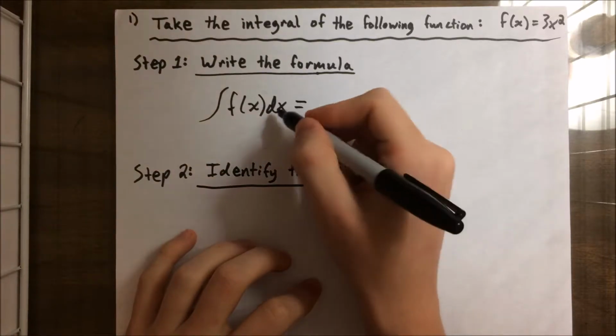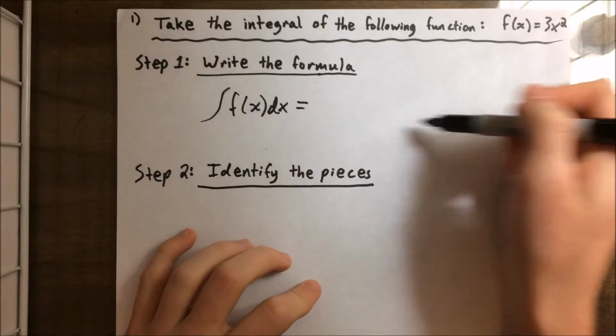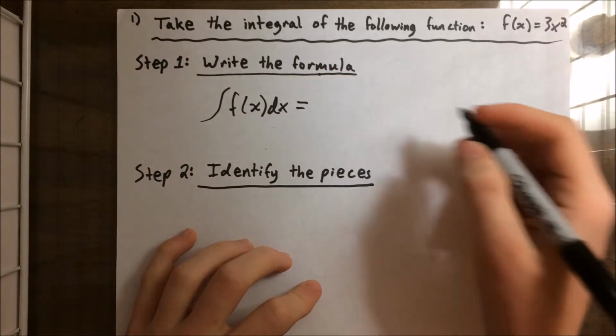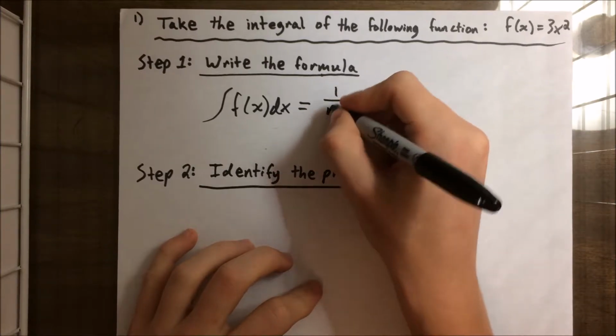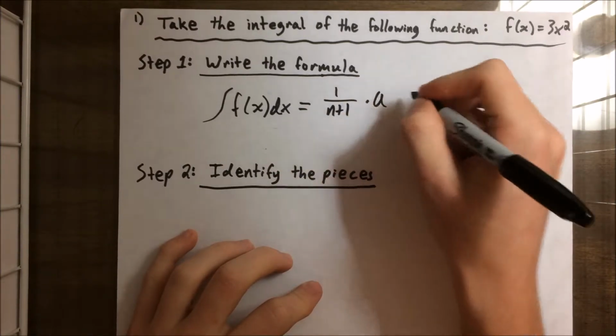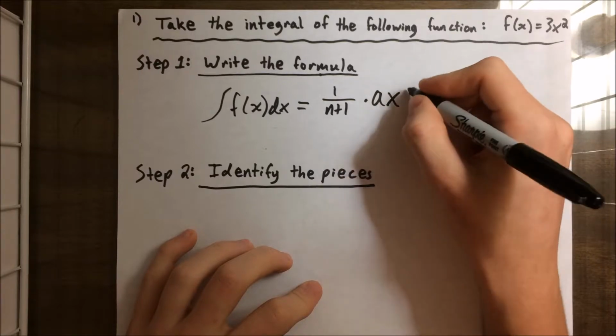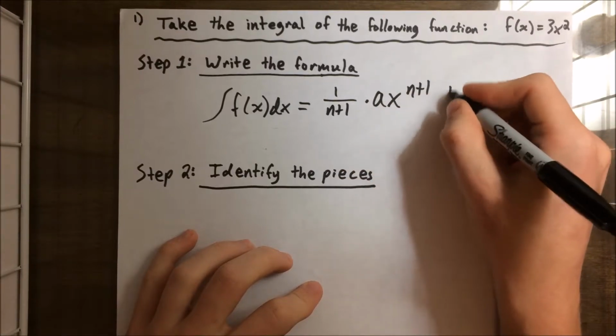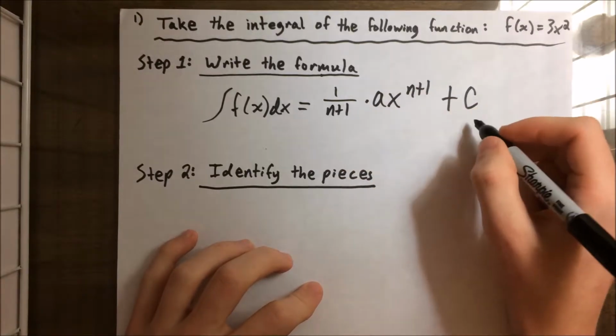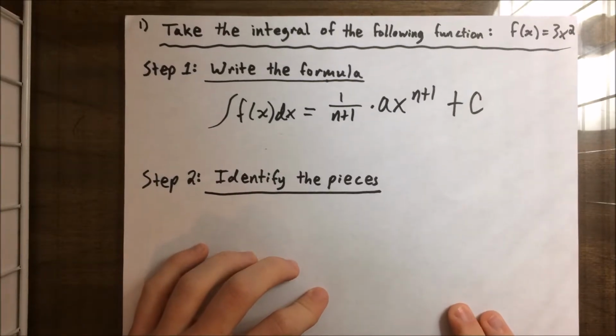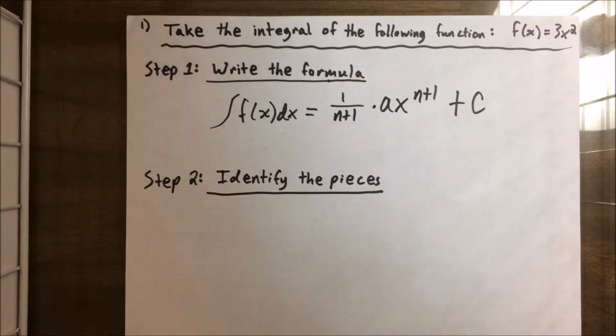If you never put a dx, it'd be assumed it was the whole thing. It's equal to 1 over n plus 1 times ax to the n plus 1 plus c. Don't forget c. It's really easy to forget, and you'll get points taken off if you forget it.